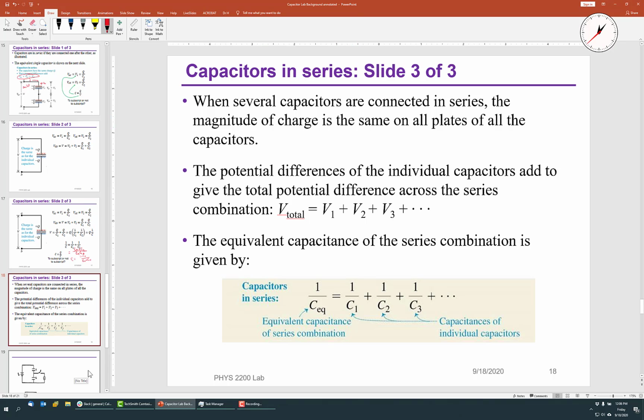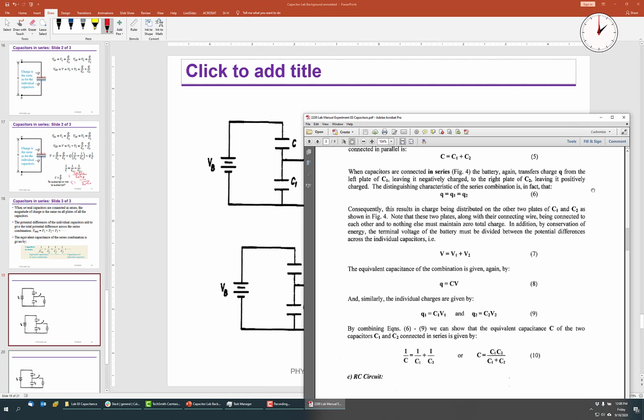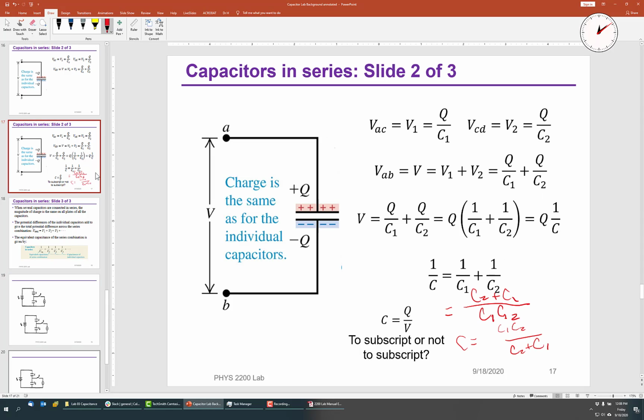Excuse me. So I'm going to pause this one more time. And by the way, I was just checking through the manual. So you see here, this is equation 10. Let's go back here for a moment. I'll rewrite it: C equivalent equals C1 C2 over C1 plus C2, equation 10.